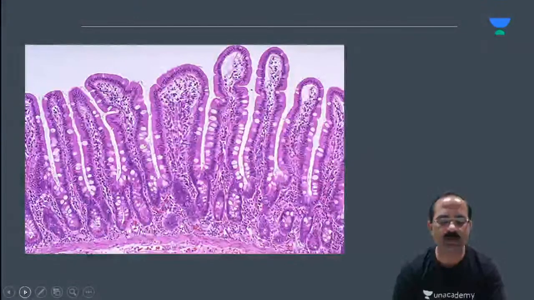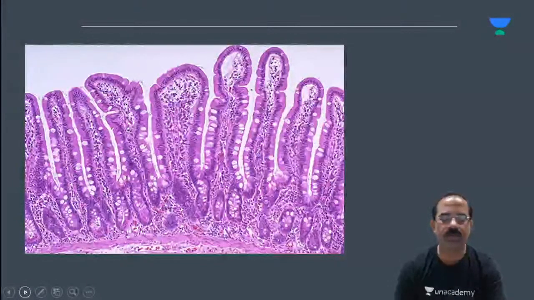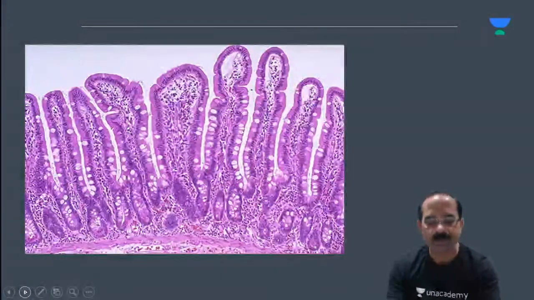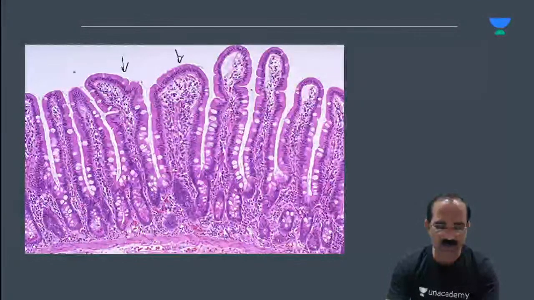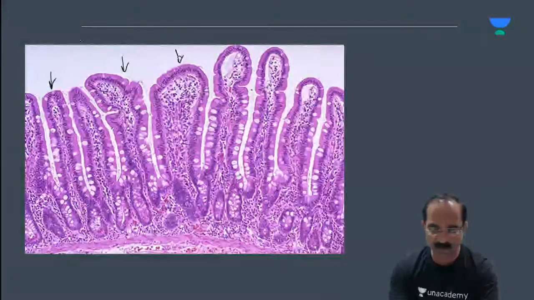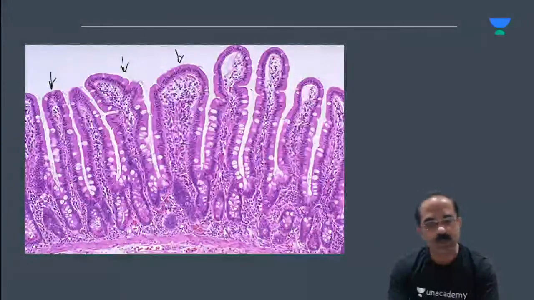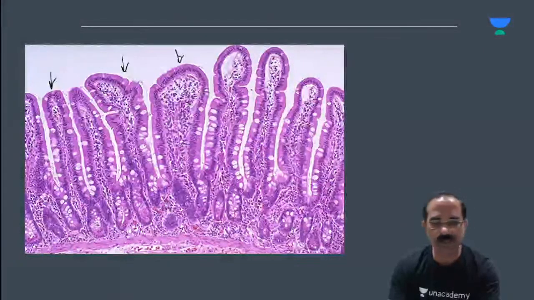This is not large intestine. What is this slide? These are finger-like projections. These are villus. Brunner's glands are not seen, Peyer's patches are not seen. So this has to be jejunum.